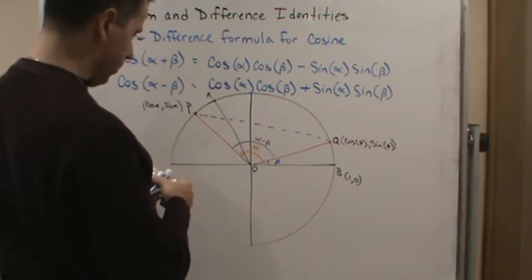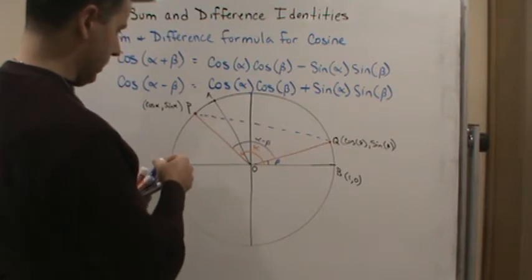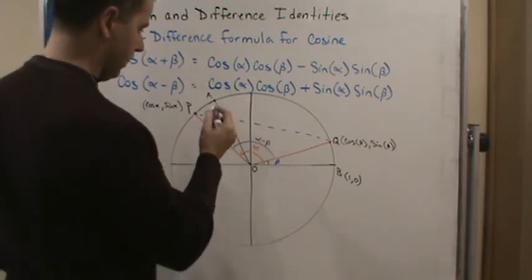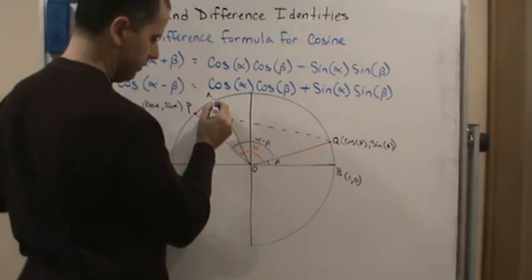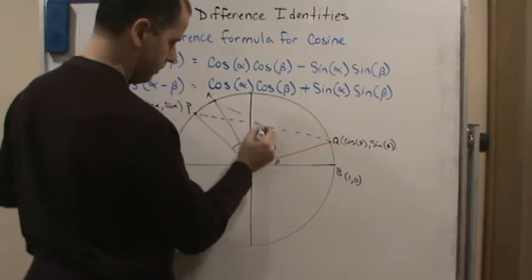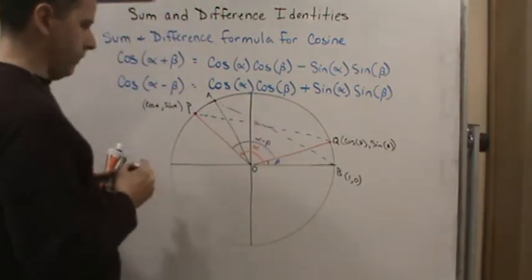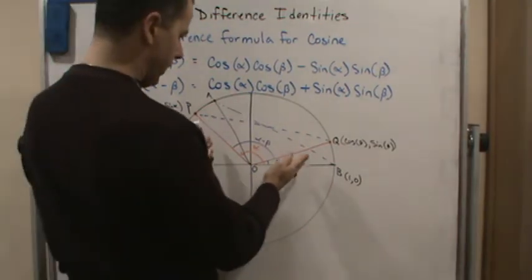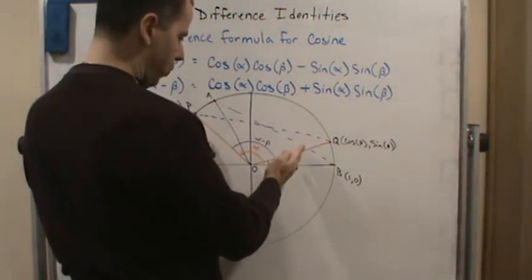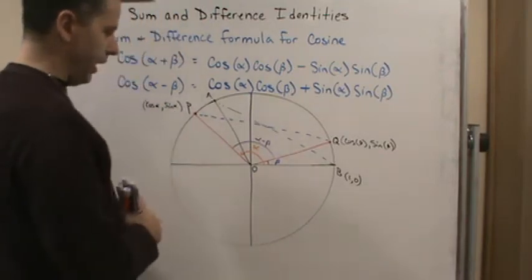So now I'm going to take AB. All I did was create another triangle, which is just a rotation of the other triangle.